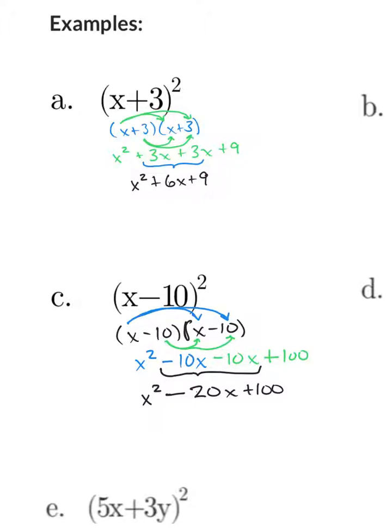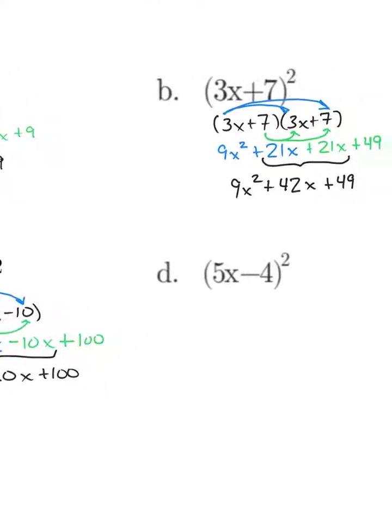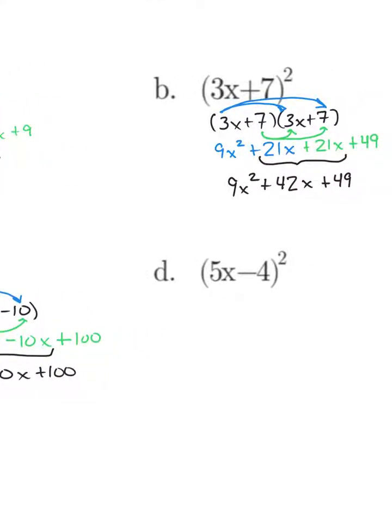Let's look at one more example like this. Let's come over to example D, where we have 5x minus 4 squared. I'm going to start by writing it in expanded form: 5x minus 4 times 5x minus 4. Now if we FOIL, 5x times 5x is 25x squared. 5x times negative 4 is minus 20x.